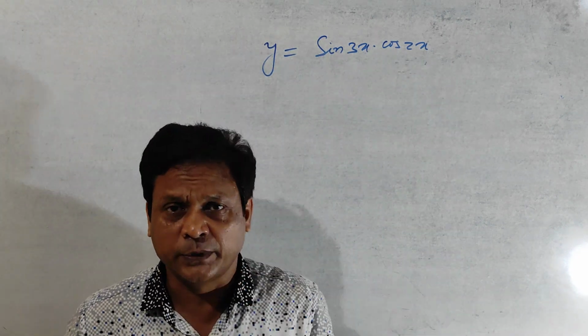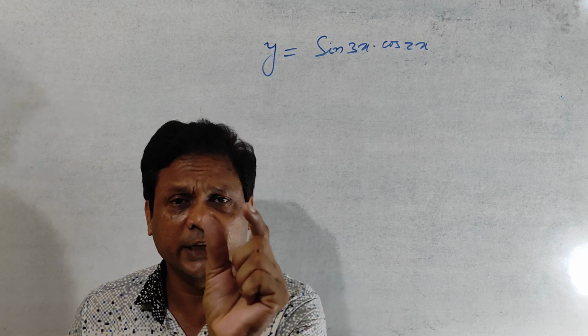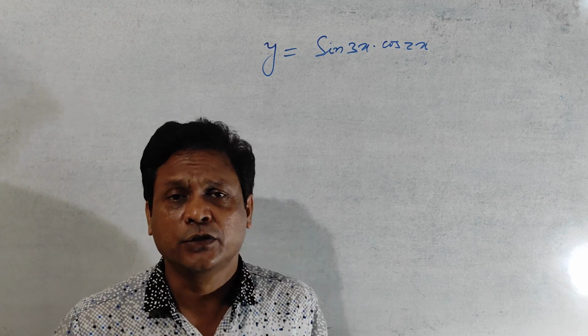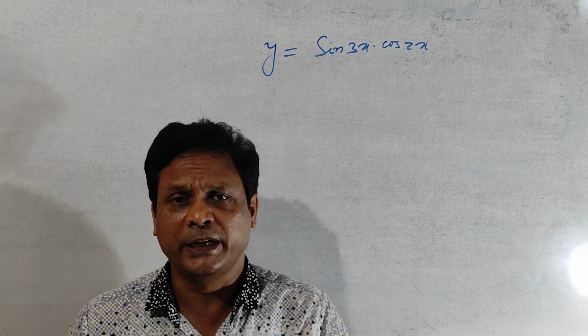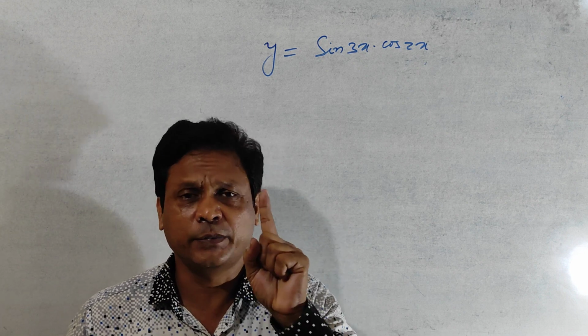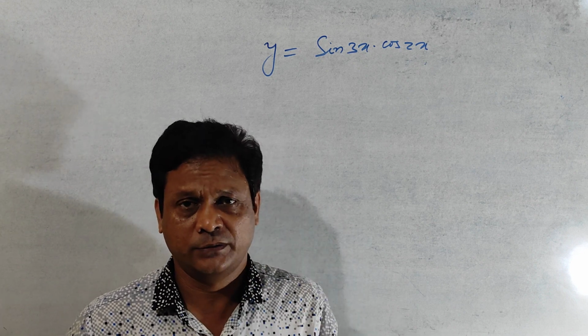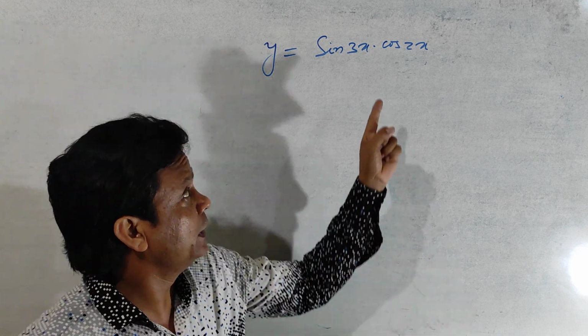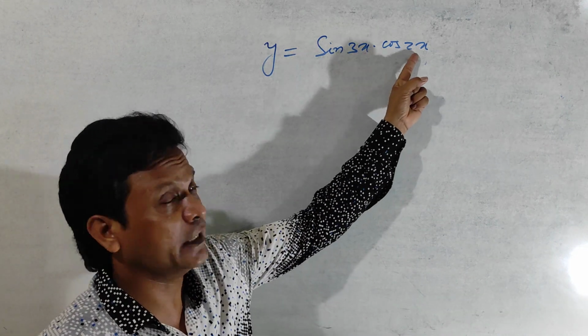It will be better for you to take the larger angle as A and the smaller angle as B, so that one step will be reduced, 100%. Clear? So here the larger angle is 3x, the smaller angle is 2x.